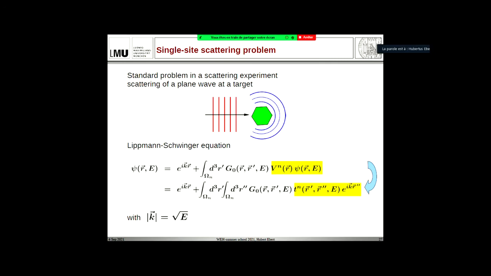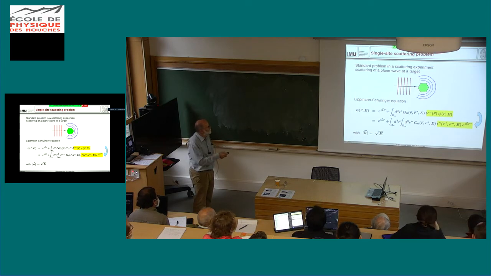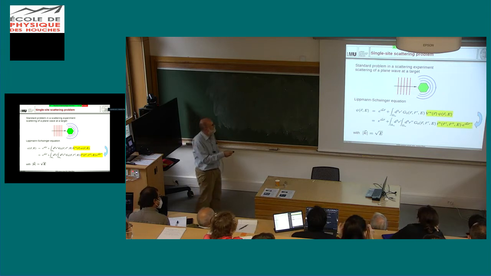Now this is exactly what is described in our Lippmann-Schwinger equation. So we have a plane wave coming in, and this gives us the complete solution psi that we look for, due to the scattering at the potential V. All we need is a free electron Green's function. This we have, of course, already. And then we could try to solve that equation.